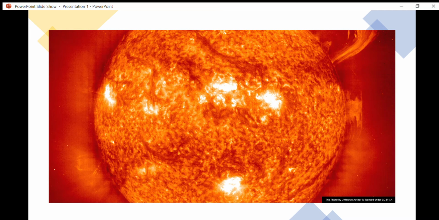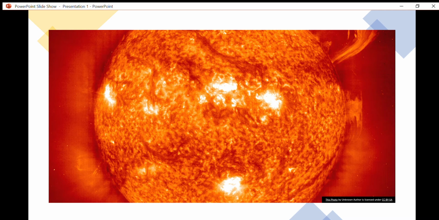And if the sunspots are 3,500 degrees Fahrenheit cooler than the average surface temperature, that means it's 9,930 minus 3,500, which is 6,330 degrees Fahrenheit. So it's still very, very hot, but it's still less temperature than normal.